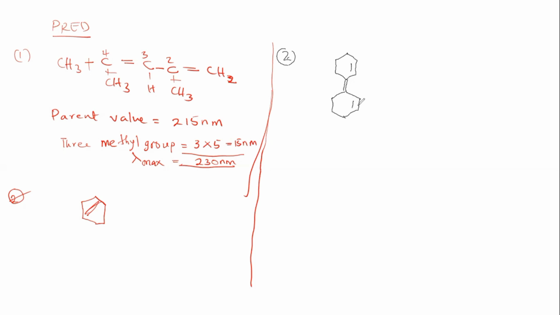When you look at this compound, the double bonds are not in the same ring. There's one double bond here, and one double bond outside the ring. So let's talk about the parent value, which is heteroannular, so it's going to be 215 nanometers. The double bonds are not in the same ring.